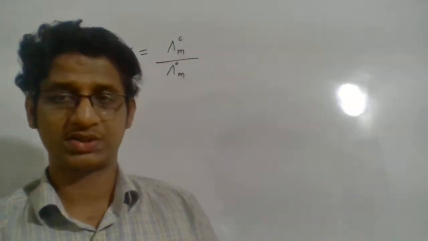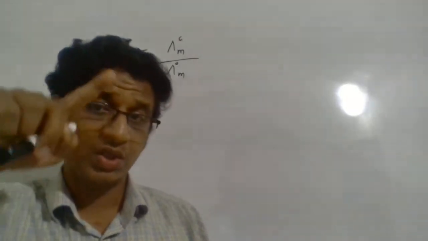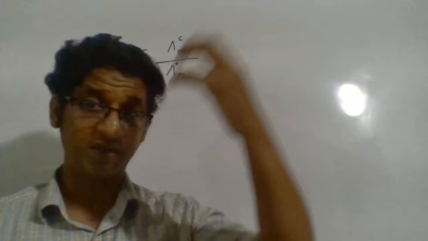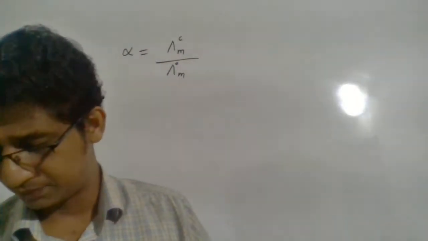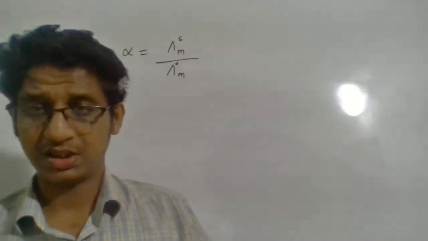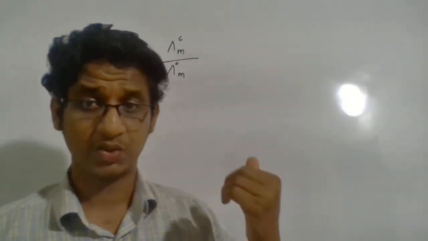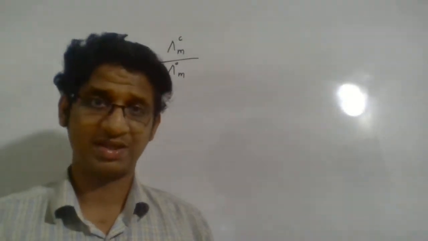Lambda mc means molar conductivity at a particular concentration, and lambda m0, what that 0 suggests, is molar conductivity at infinite dilution. That's the way you can find the degree of dissociation of a weak electrolyte. In most cases this value is going to be very important. Again, in another section it will come. So understand what the degree of dissociation is all about.